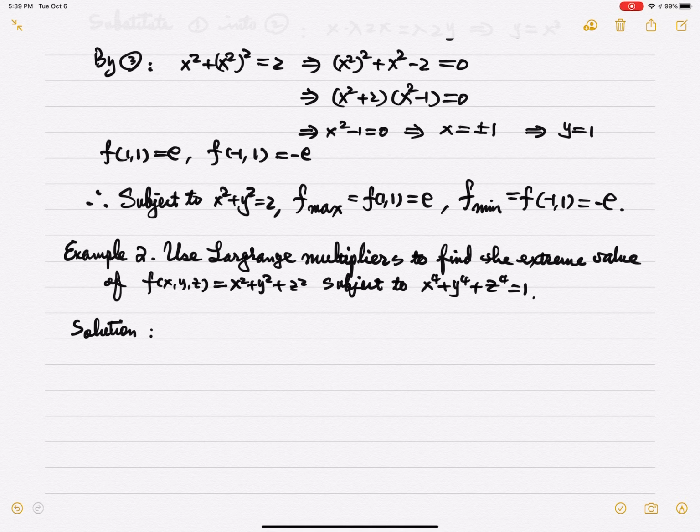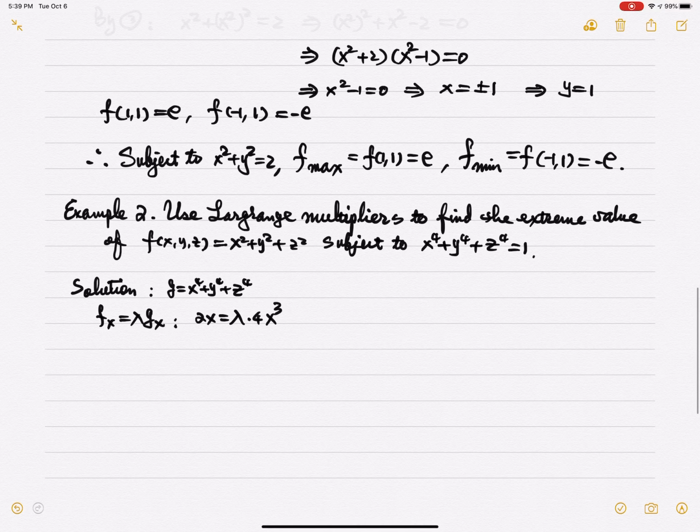The components are f sub x equal to lambda g sub x. Here g is equal to x to the fourth plus y to the fourth plus z to the fourth. This gives us 2x equal to lambda times 4x to the third.